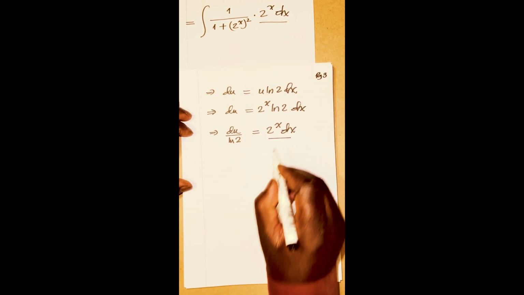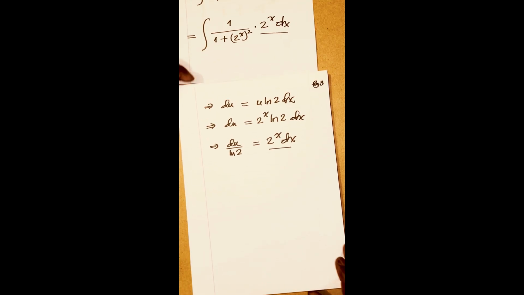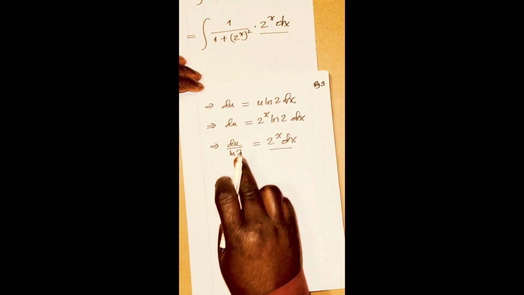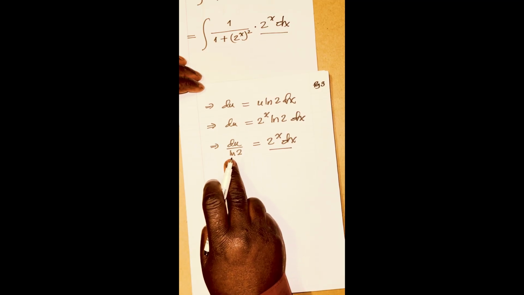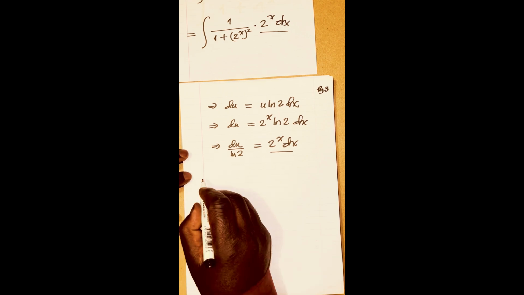Now look at this one here and this one here. Exactly the same. So now where there is 2 to the power x dx, I have to substitute that expression there. So now this integral changes.